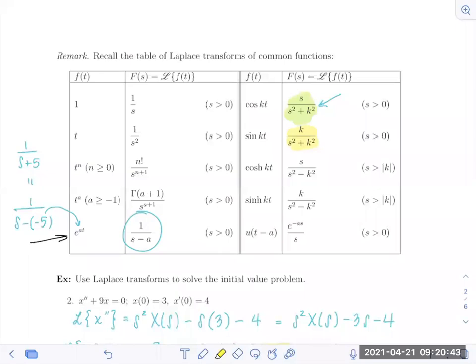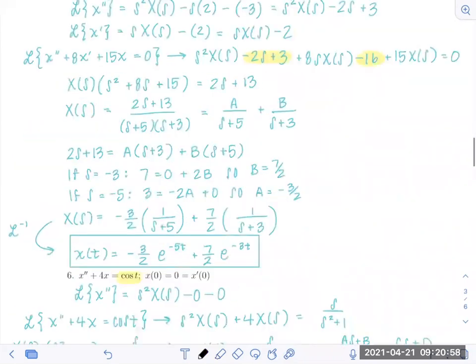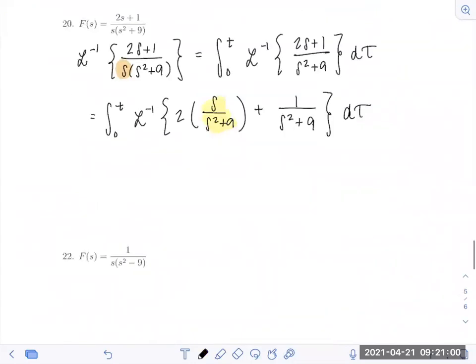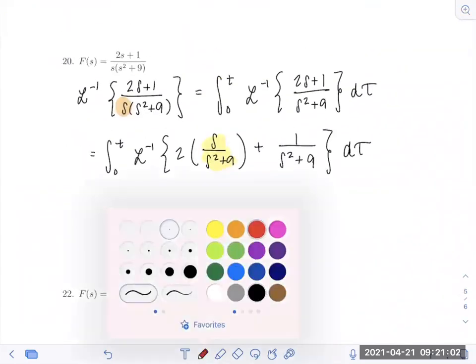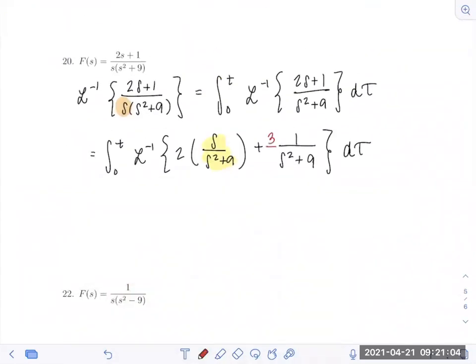Now, the other one with an s squared plus k squared is sine of kt, but notice that we need this k up top, and we're missing that currently. So our k value is 3. So let's go ahead and introduce that into our fraction. So I'm just going to add in here a 3 over 3.